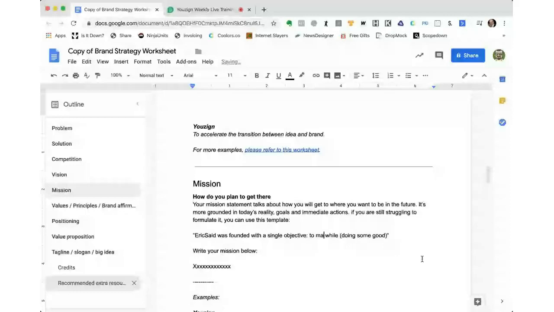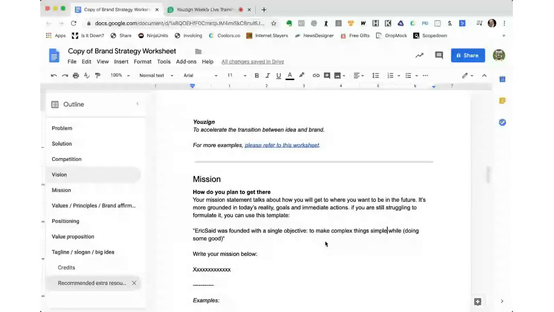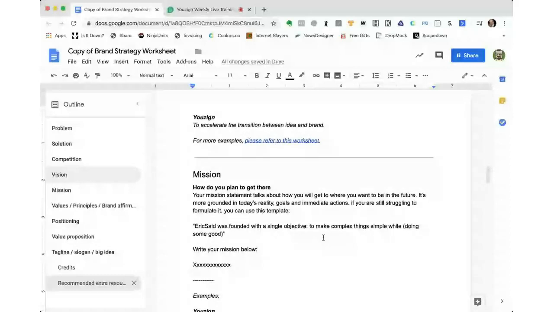And I can fill this out. My company was founded with a single objective, and that was to make complex things simple.